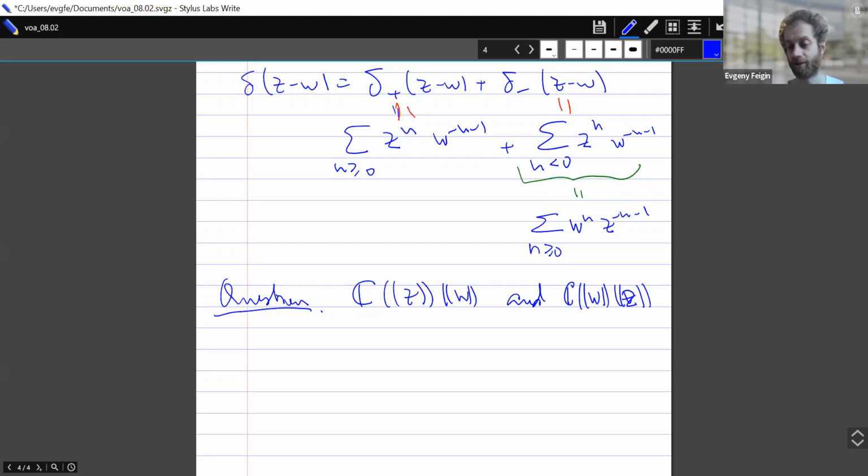Please raise your hand in Zoom if you think that they are the same. So these two rings are the same. So one hand. Okay, and all other students think that they are different. And please raise your hand now if you can give an example of a series sitting in one ring and not sitting in another.